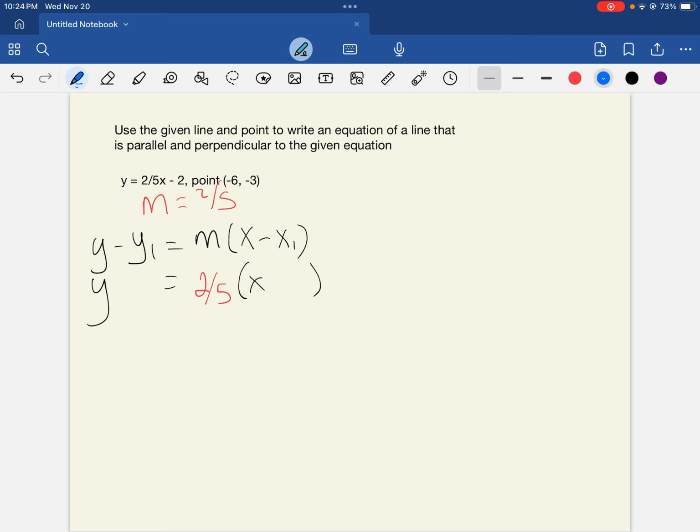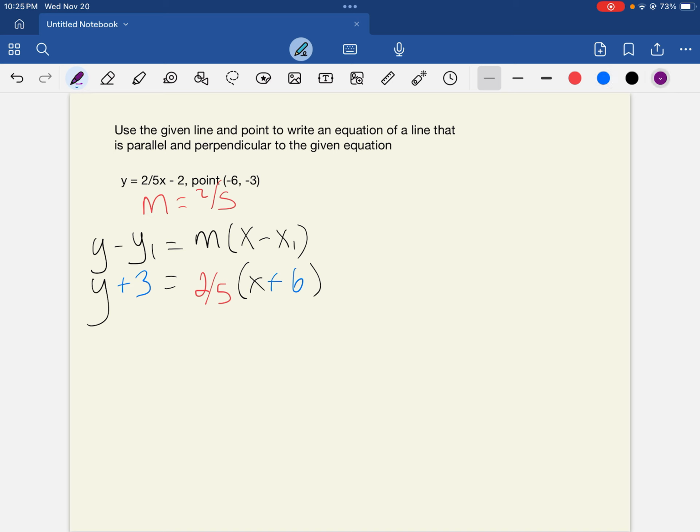And as I write my coordinate points, I'm changing the sign. So the x coordinate in my point is -6, so right next to x, I'm going to write +6. My y coordinate is -3, so now I'm going to write +3. And here's another equation that is parallel to my original line that goes through our given point.